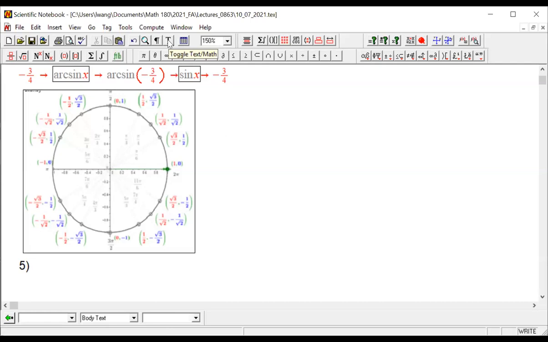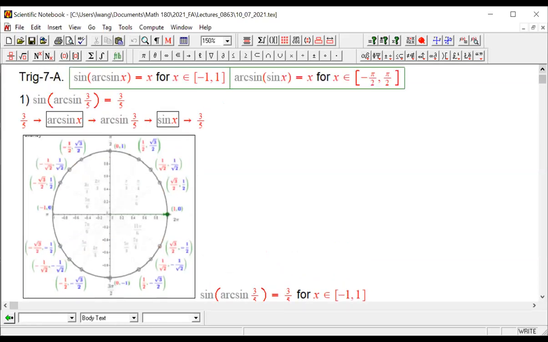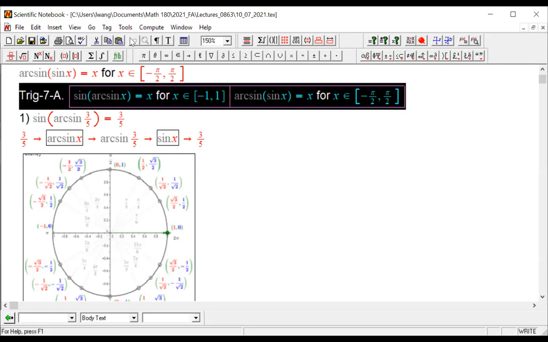ArcSine of sine of pi over 3. Let me bring that thing with us.